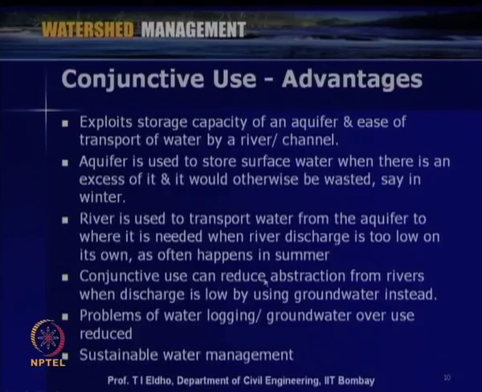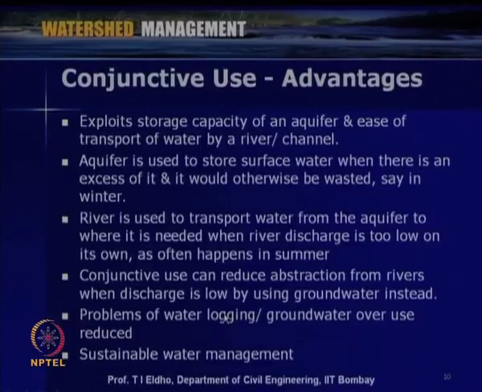Then conjunctive use can reduce abstraction from rivers when discharge is low by using the groundwater instead. Then problems of water logging and groundwater overuse we can reduce. When we plan surface water and groundwater in an optimal way, water logging can be drastically reduced, salinization can be reduced, and the salinity introduction can be reduced.